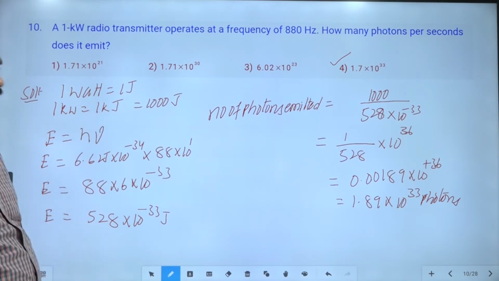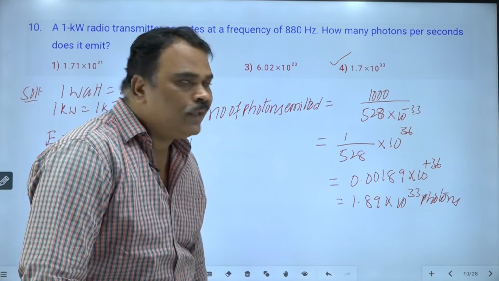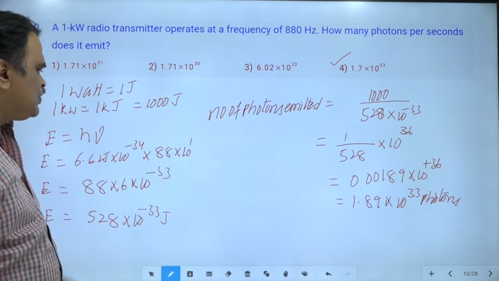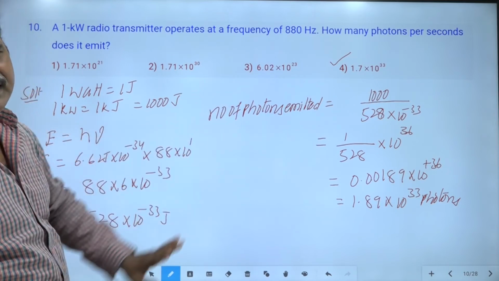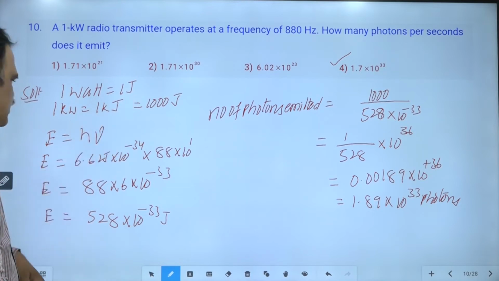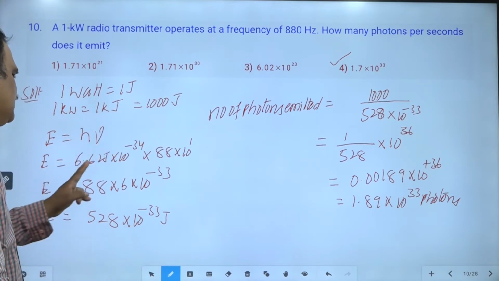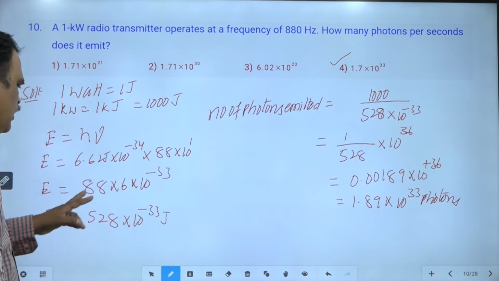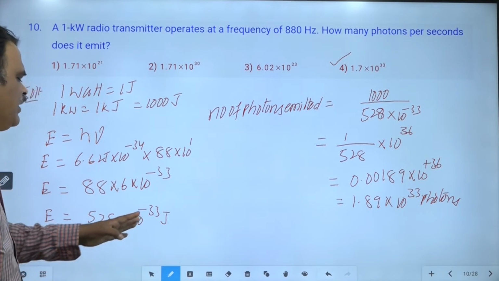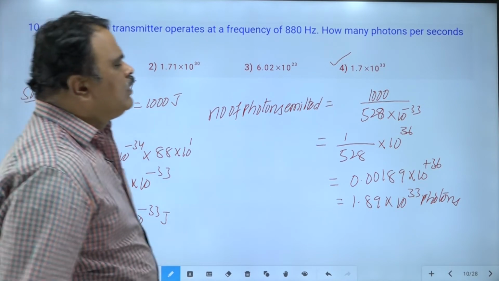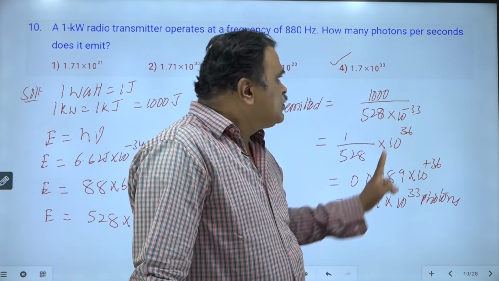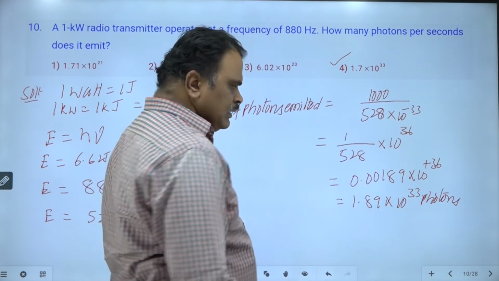I am taking an approximate calculation, hence here we got 1.89. But the power you have to observe. If suppose you have to take here 6.625, then it must become maybe 1.7. Don't worry. 1 kilowatt equal to 1 kilojoule, that is equal to 1000 joules. Energy equal to h nu. 6.625 into 88. So approximately I am taking 6. 88 into 6, that is equal to 528 into 10 power 30 minus 33. Then it becomes 10 cube and 10 power 36. So this is the correct option.